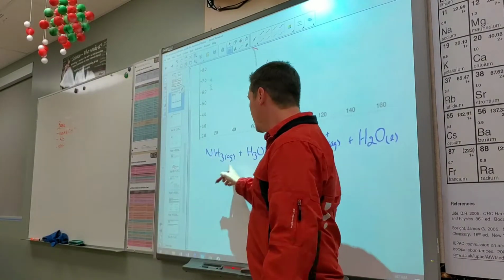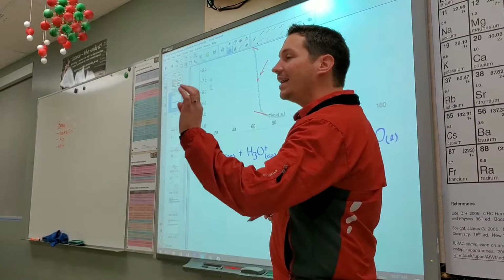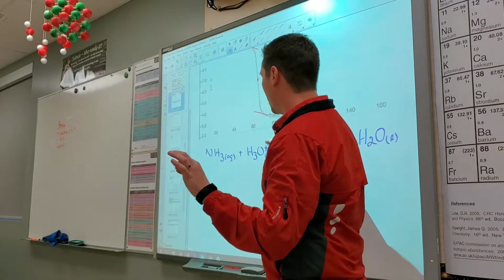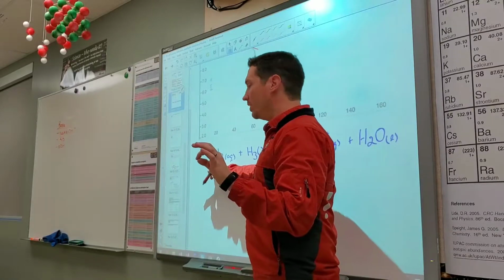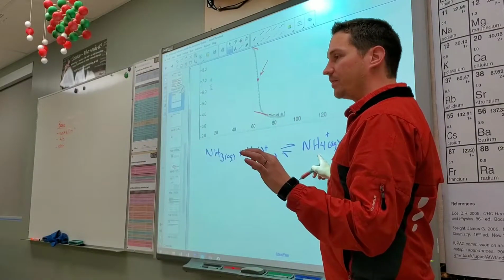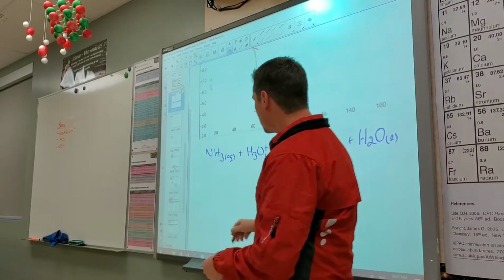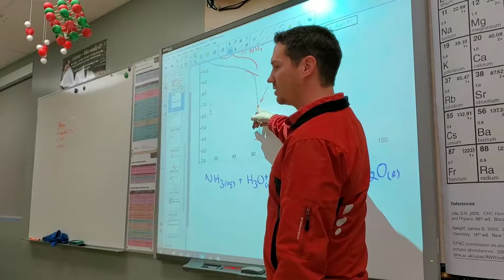For every one of these, we have one of these, right? What that means is that we've added just enough hydronium to turn all of the ammonia into ammonium, and we had no extra left over. So what's the only substance that I have really available at that point?